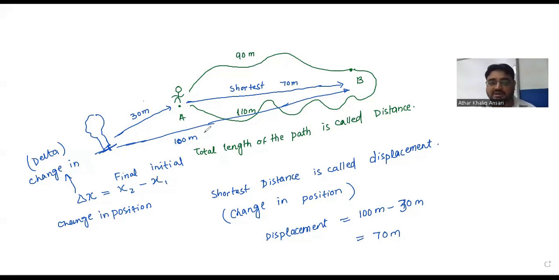It needs a value but no direction. So we can say that distance is a scalar quantity.